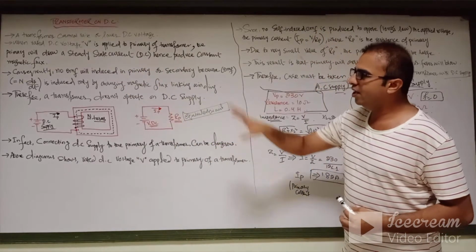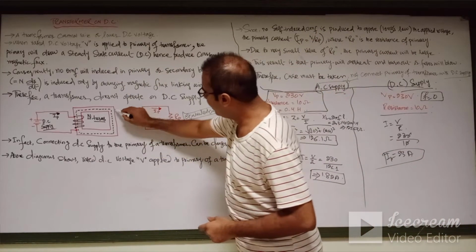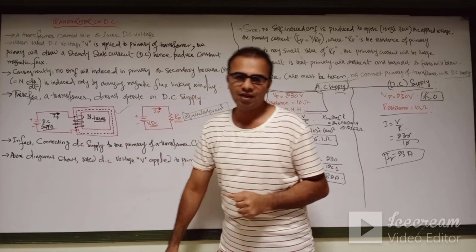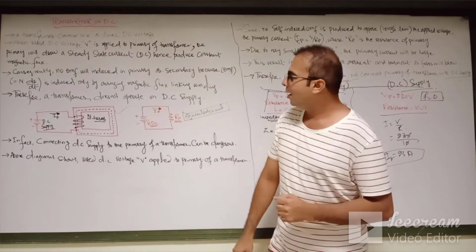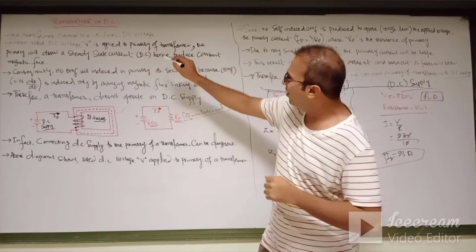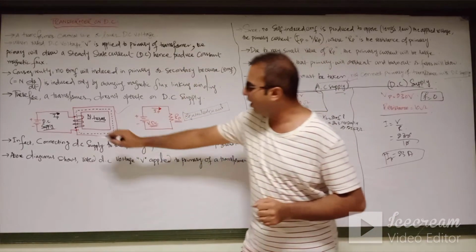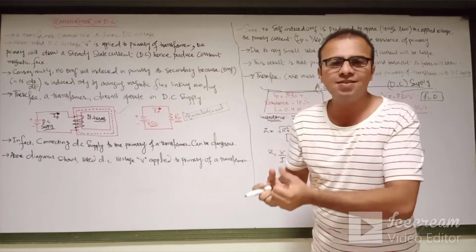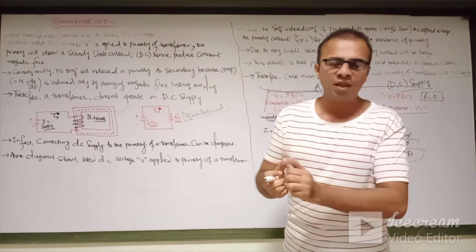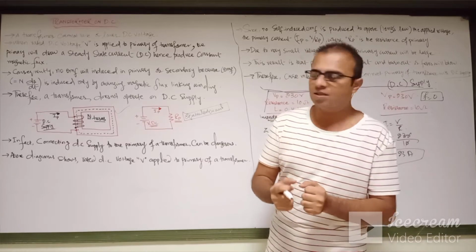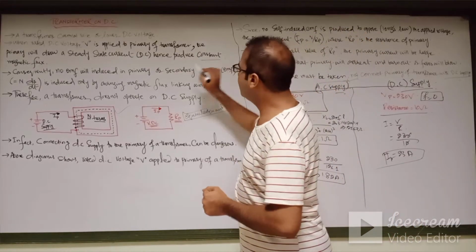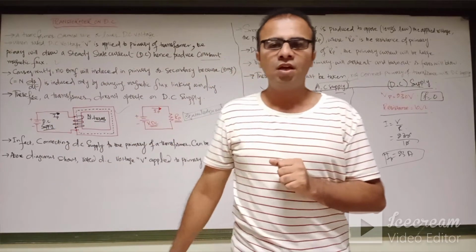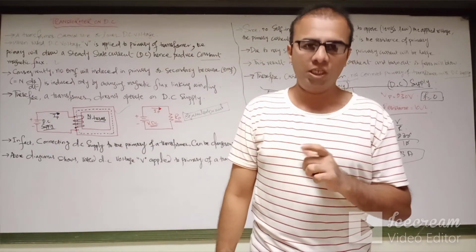When rated DC voltage is applied, as you can see in the diagram, the primary winding of the transformer is connected with the DC supply and will draw a steady state current from the main DC supply. Hence a constant magnetic flux is produced, which has no change.